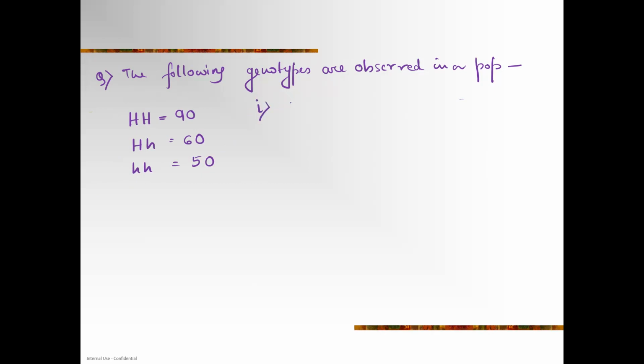You are required to find out the allele frequency. This is one question. The second question is the number of individuals in the population. Correct? These are the two questions, and they are very much different.